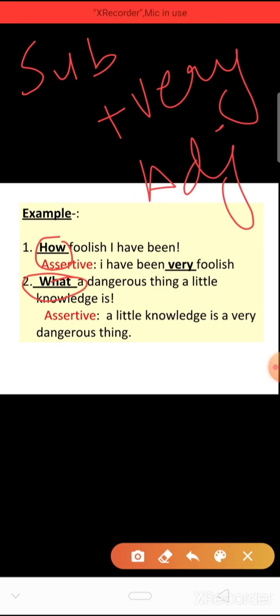You all must be remembering that assertive sentences are those sentences which give us information of any action or of anything.